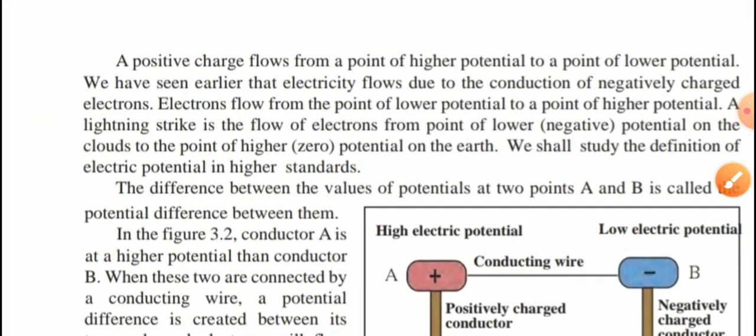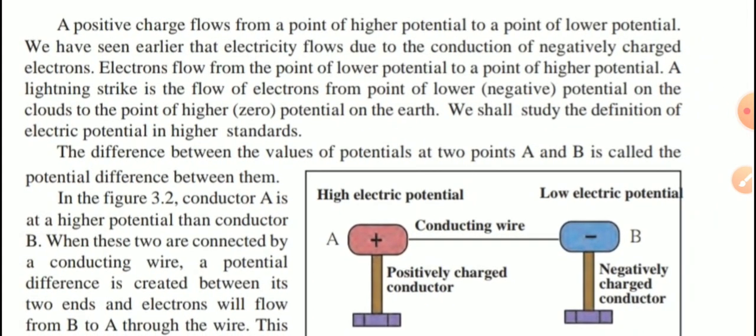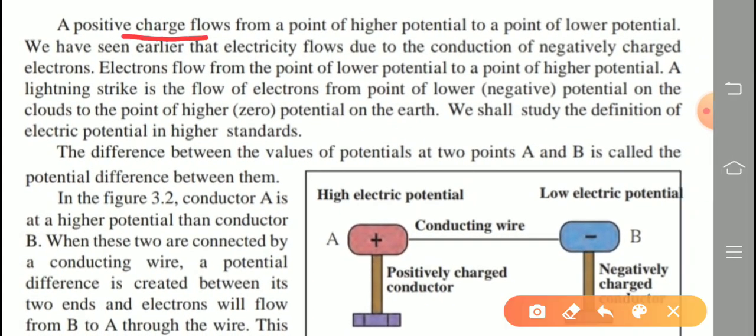Next, a positive charge flows from a point of higher potential to a point of lower potential. See in the diagram also, a positively charged conductor is shown here.